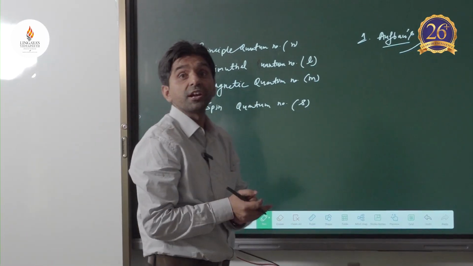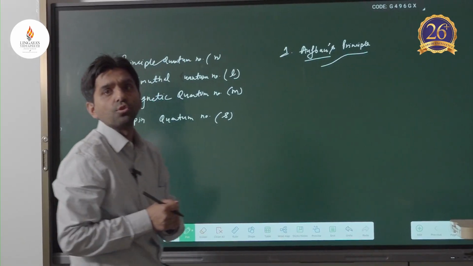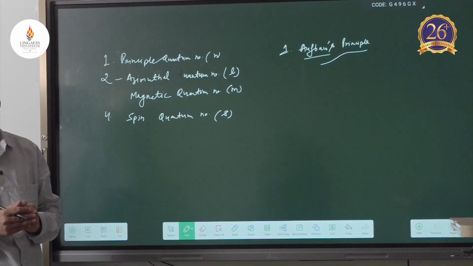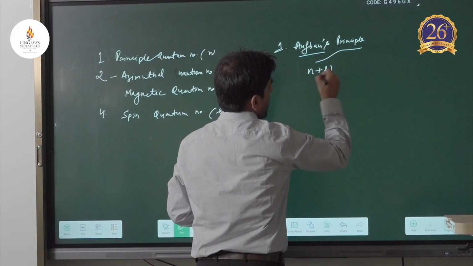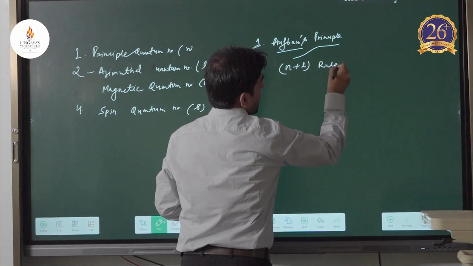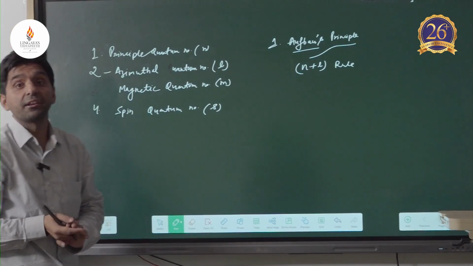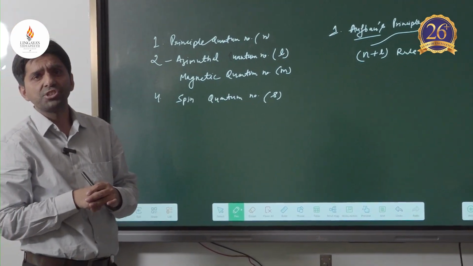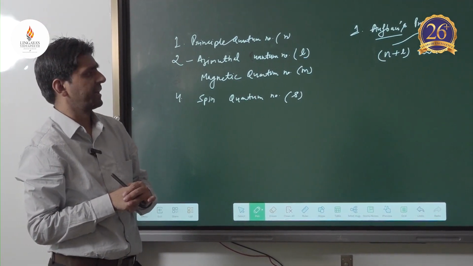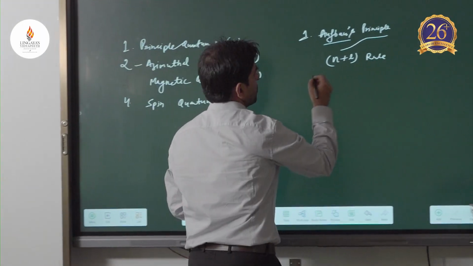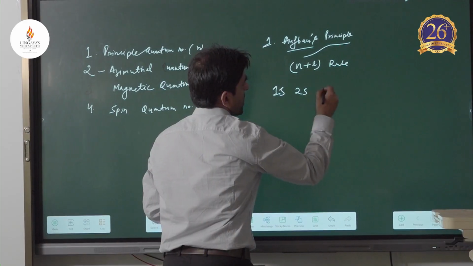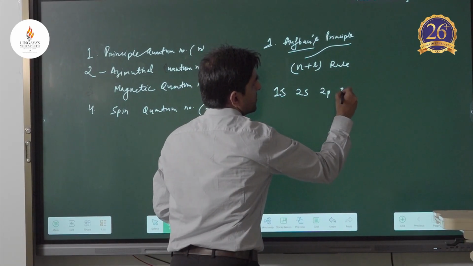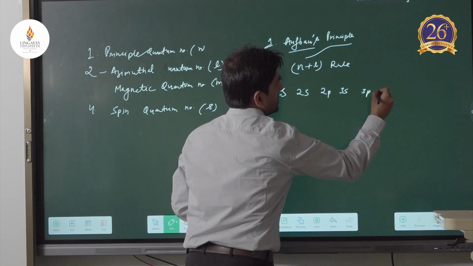So, how do we know which orbital is lower energy and which orbital is of higher energy? That is how we know, by the n plus L rule. By n plus L rule, we can determine which orbital is of lower energy and which orbital is of higher energy. So, suppose we are writing the electronic configuration 1s, 2s, 2p, 3s, 3p, 3d.